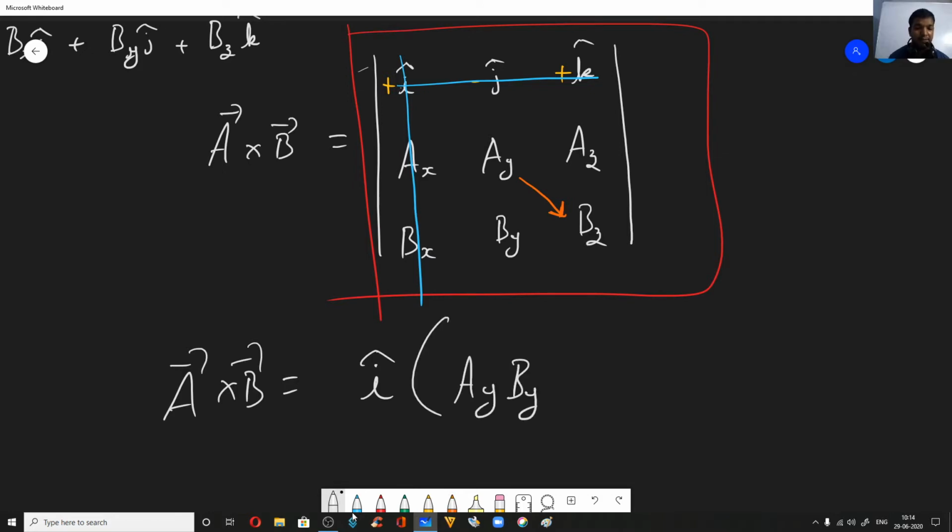Then minus, this minus sign comes automatically; you have to keep it there by default. Next, minus the product By Az, times i cap, we have got.